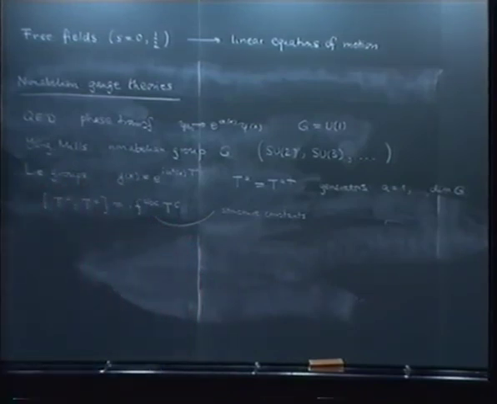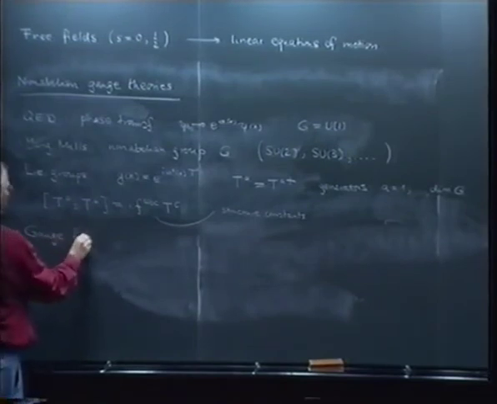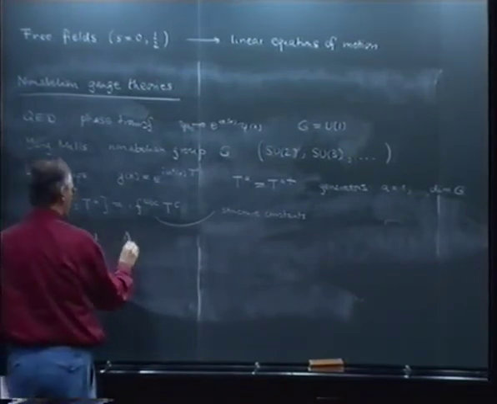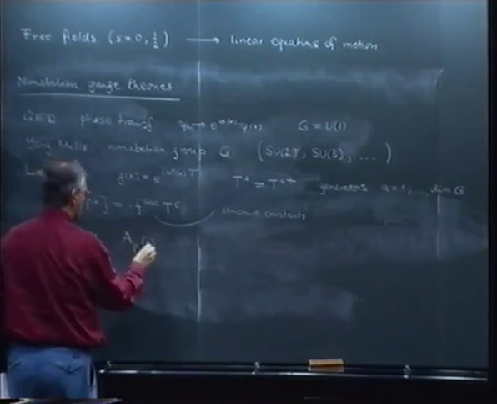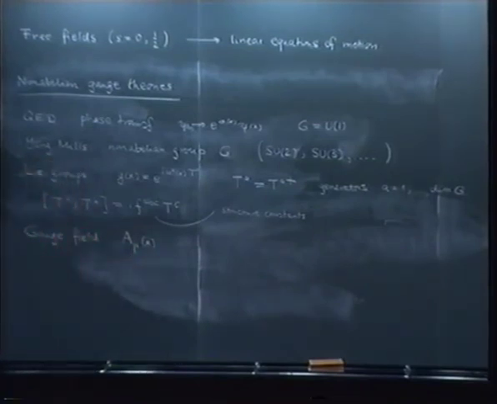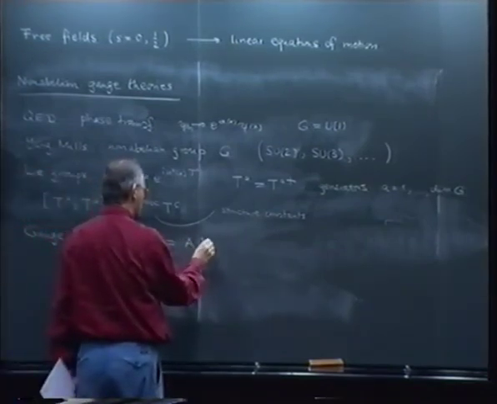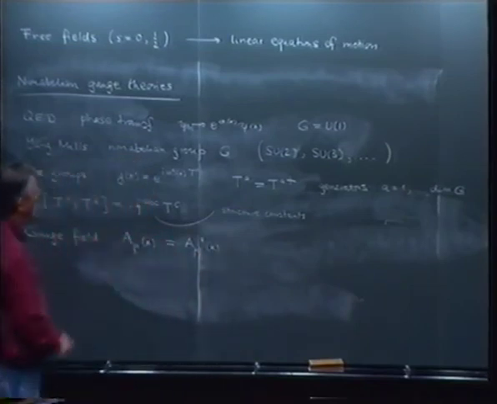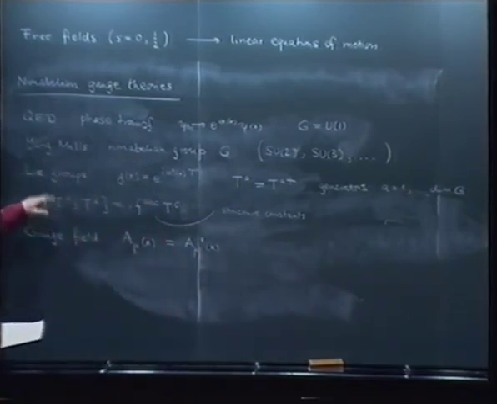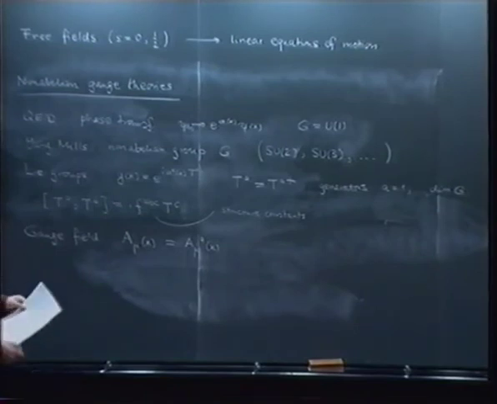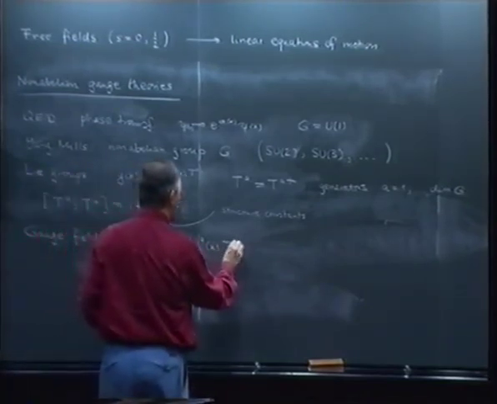Well, then you introduce a gauge field, A_mu(x). Now this is no longer just a number or 4 numbers, but it's a matrix, and it's defined by expanding it as follows. Every matrix in this algebra, which is called the associated Lie algebra to this group, can be written like this.